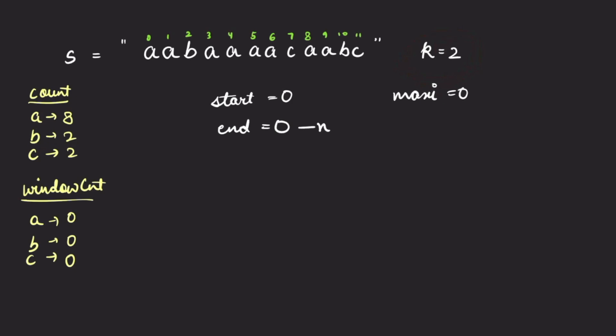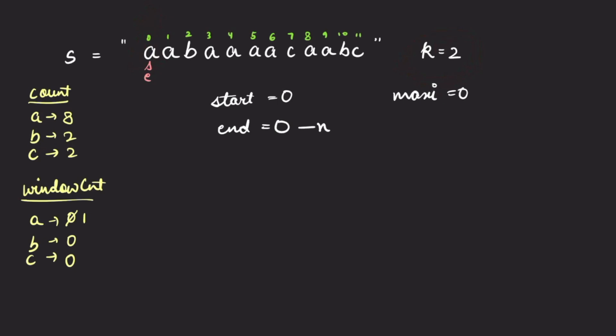Now your start and end will be at the first index, so I'm denoting them with S and E. First you are at this particular index, so that means you have considered this A into your window, and the count of A will be incremented by 1.